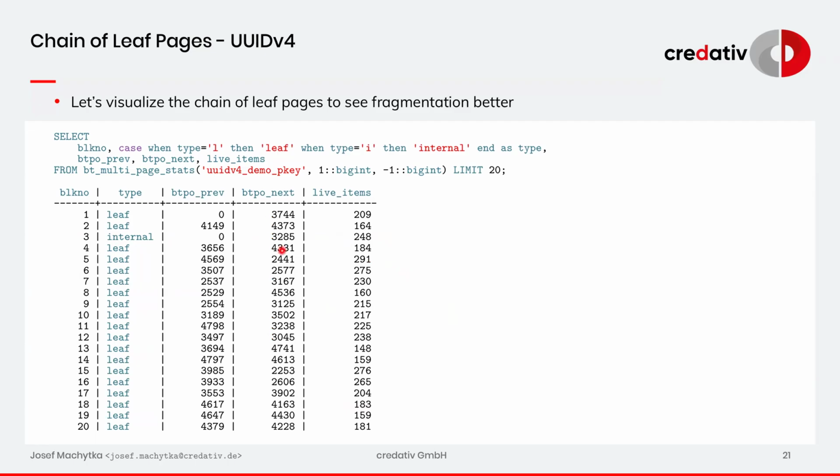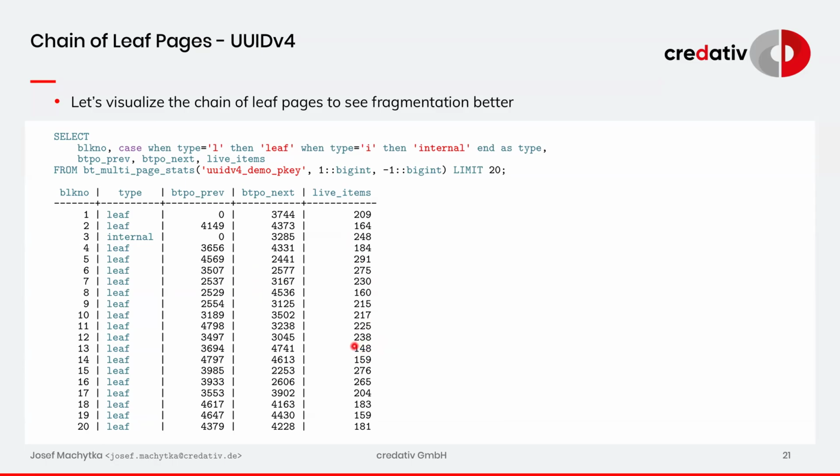When we go back to this B3 index for UUID version 4, you can now see that complete randomness. We are jumping randomly, crazily through the structure of the index, and also the number of tuples which are stored on that page is oscillating quite rapidly.